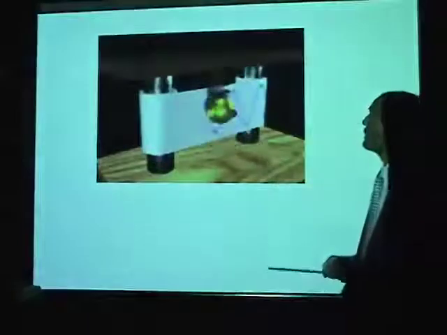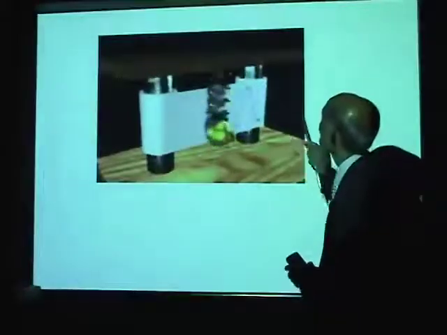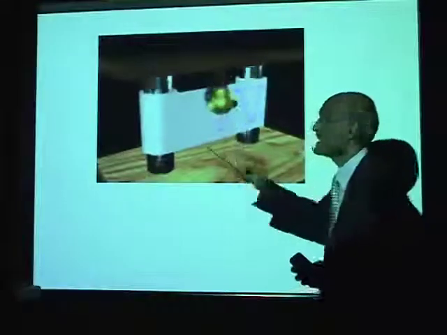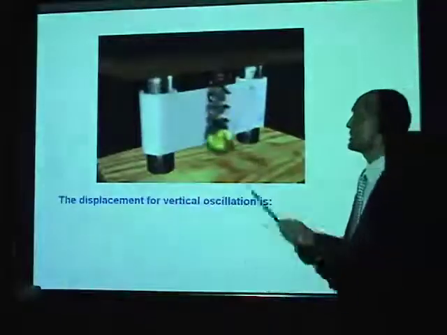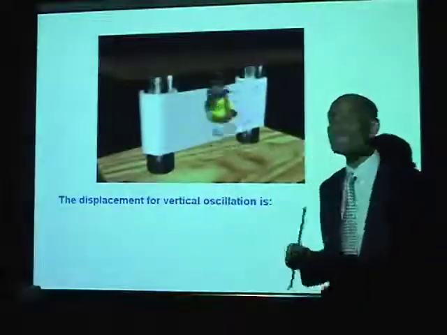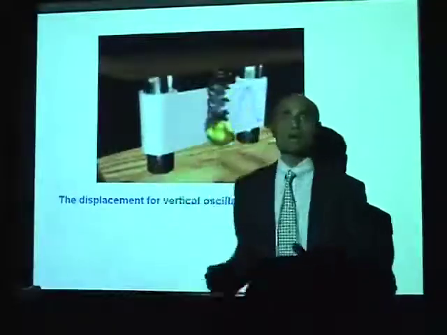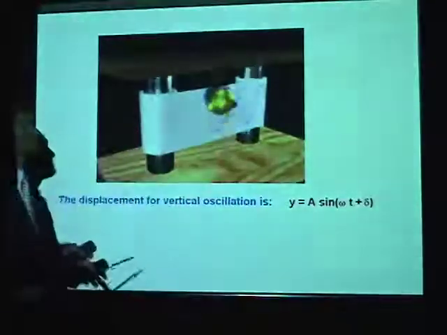Now, look at the oscillation one more time and see how you got a sine curve in this case. Of course, that's a sine curve because at t equal to 0, the object is at the equilibrium position. And this is a vertical oscillation. The oscillation is up and down. And what is the equation of a vertical oscillation?